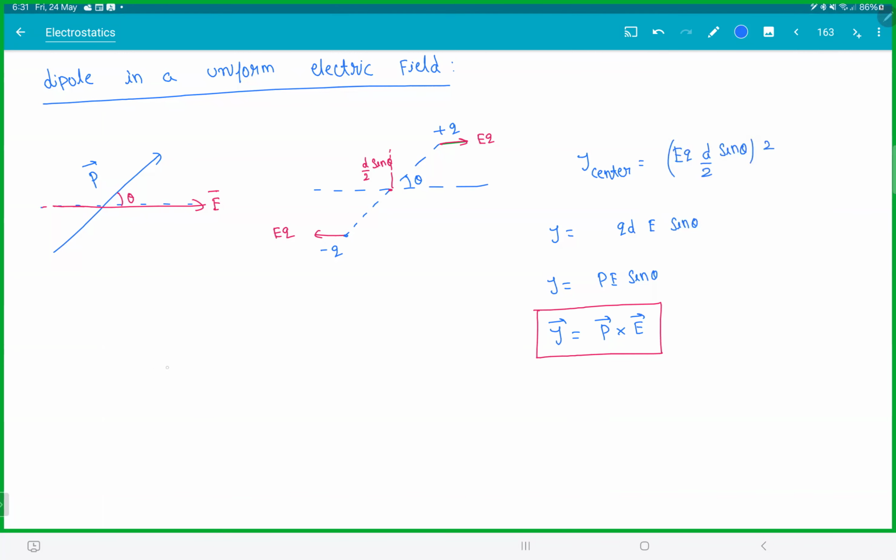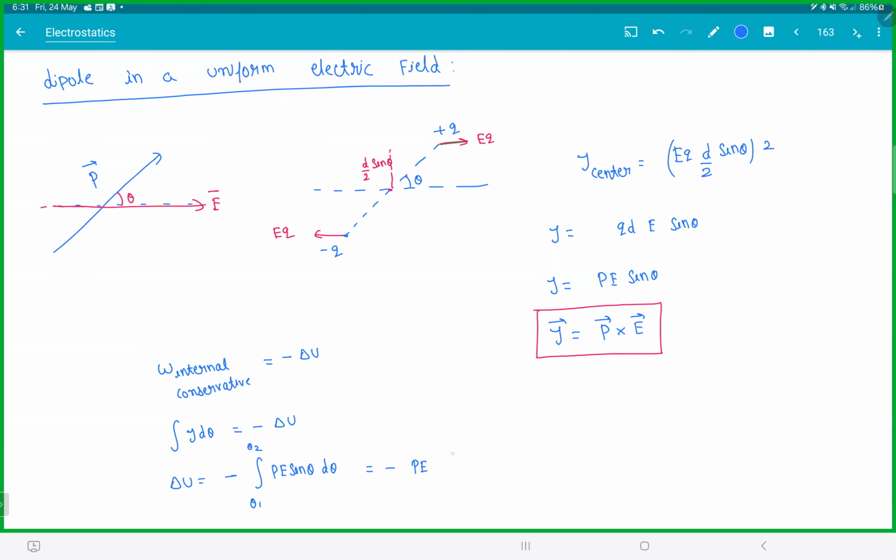Same way, you can see work done by internal conservative forces is minus change in potential energy. So work done is nothing but torque d theta, equals minus delta U. So delta U is the integral of torque, PE sine theta d theta, theta 1 to theta 2.